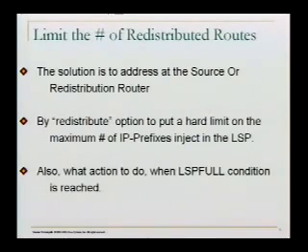So when you redistribute, there are two conditions. The number of routes that get redistributed, and the last bullet, which is the LSP full condition. That's what I'm denoting, the maximum number of routes. That means I exhausted all my LSP fragments. You gave me so much, I can only fit so much.